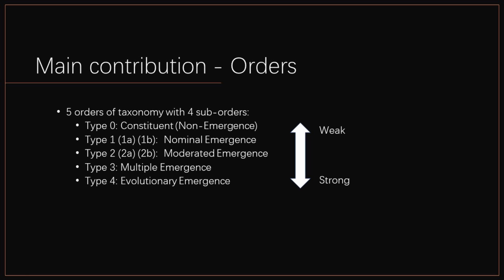So there are five orders of taxonomy with four suborders. Type 1 emergence is in fact no emergence at all. Type 1 emergence is characterized by feedback that is only local to global, or there is no feedback from the global to local.